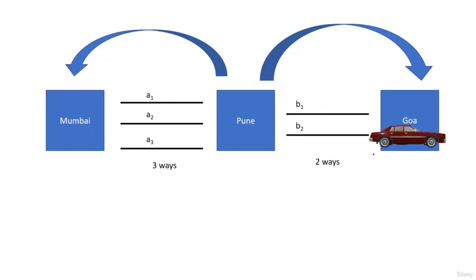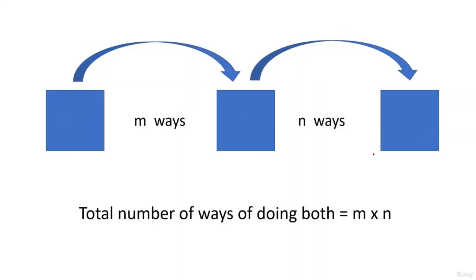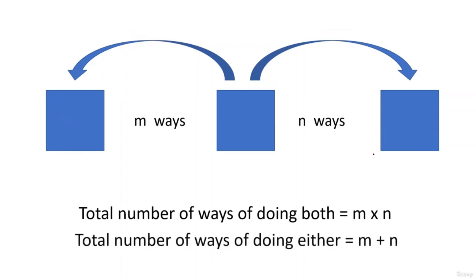So three ways पकड़ सकते हैं यहाँ पे, or you can travel two ways over here. So now if you are stationed at Pune, you have in all 3 plus 2, exactly 5 ways to travel, right? Either three ways से यहाँ जाएंगे or two ways से यहाँ जाएंगे, right? So in this case, if one thing can be done in m number of ways and other can be done in n number of ways, the total number of ways of doing either of them is m plus n. These are the two main rules of counting.